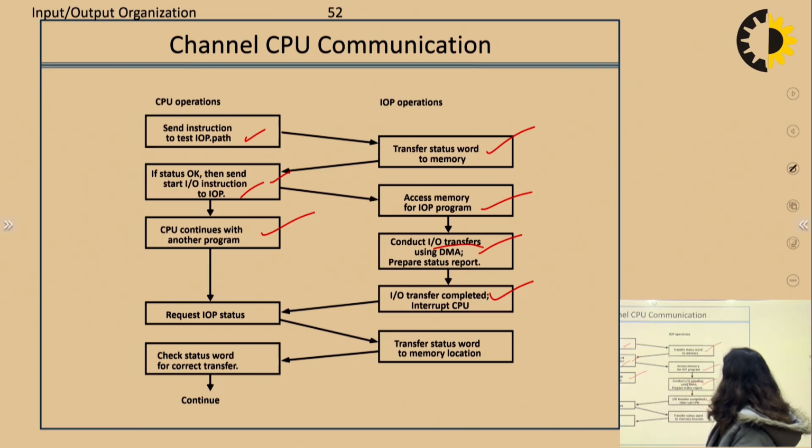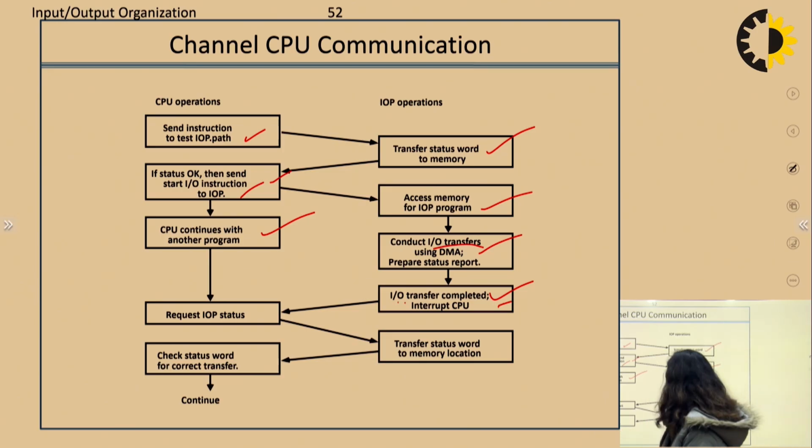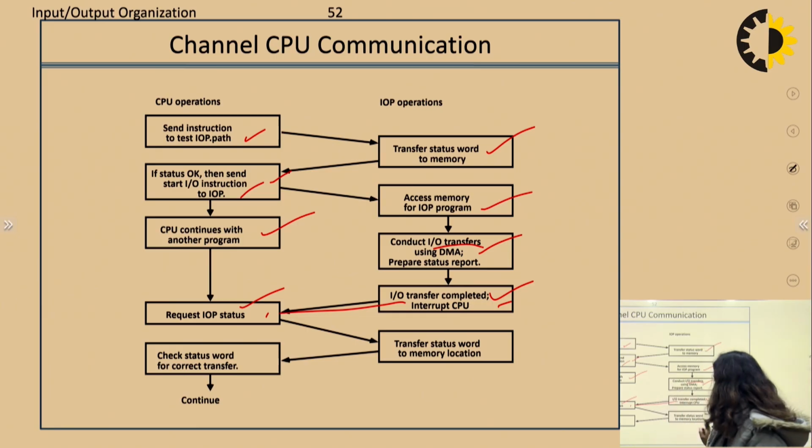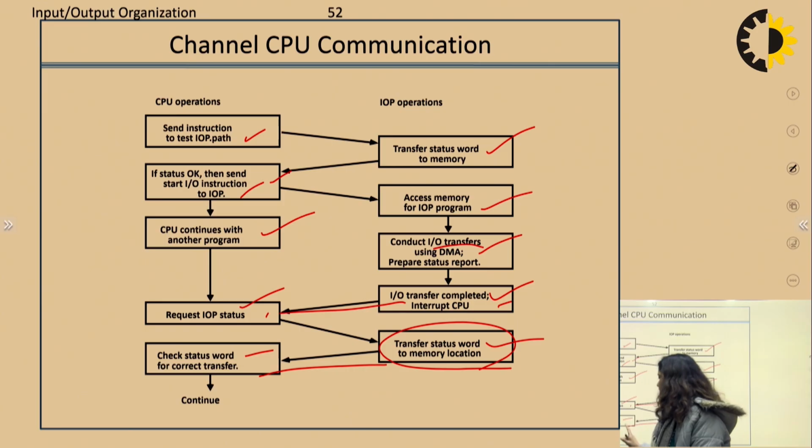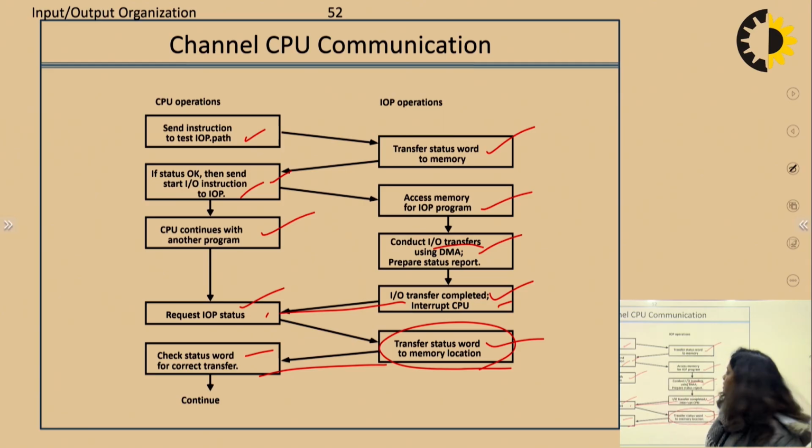Whenever the IOP completes its execution, it will send an interrupt request to the CPU, indicating that the data transmission operation has been completed, and the transmission status word of the memory word is changed. Then that status word is checked to know whether the data has been transmitted correctly or not. So this is the way the CPU and the IOP will work together in our computer system.